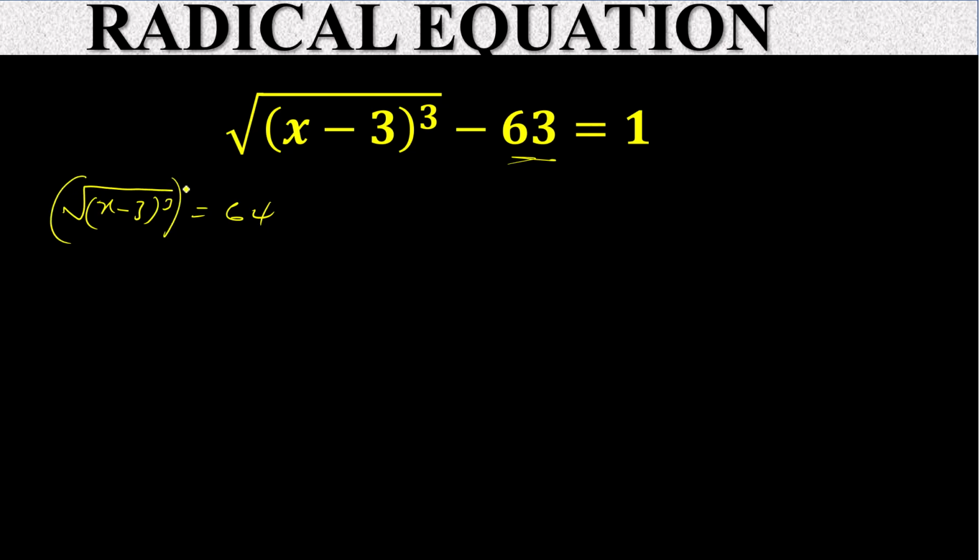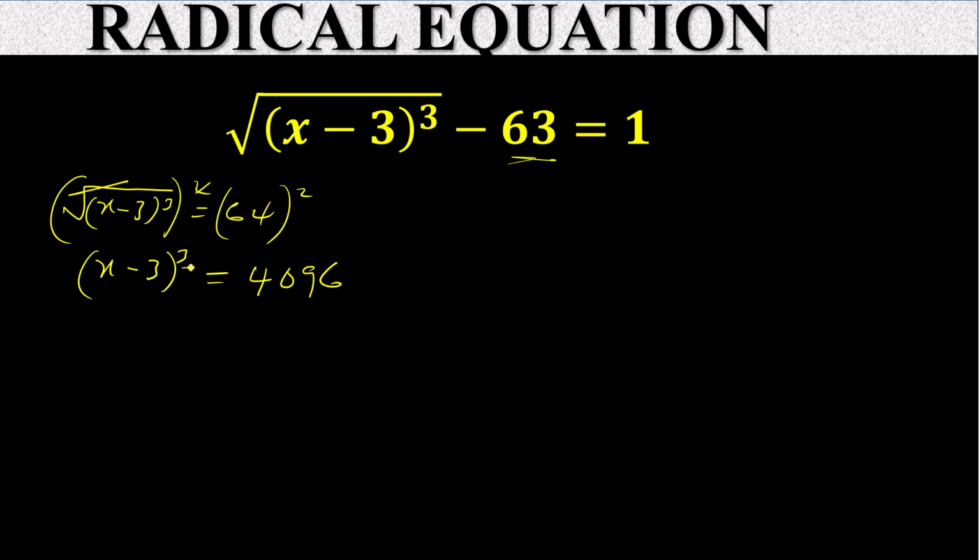I'll square both sides. This one cancels this, that is x minus 3 to the power 3, because 64 squared is 64 times 64, giving us 4096.